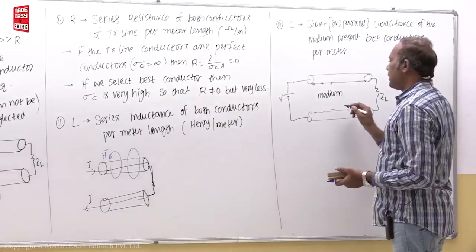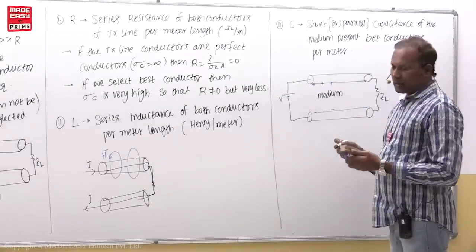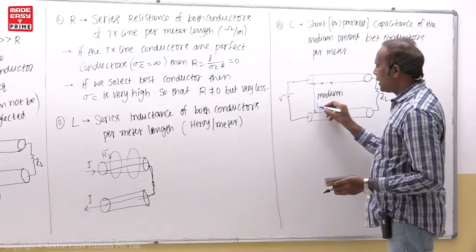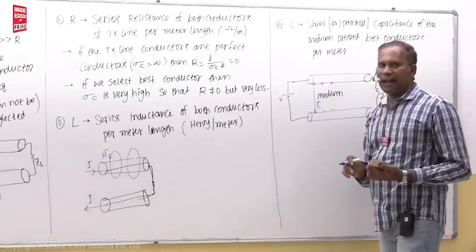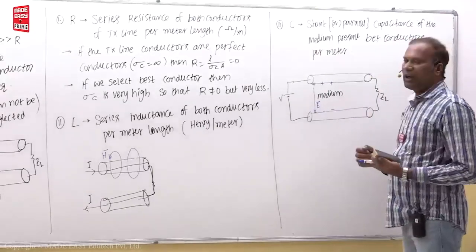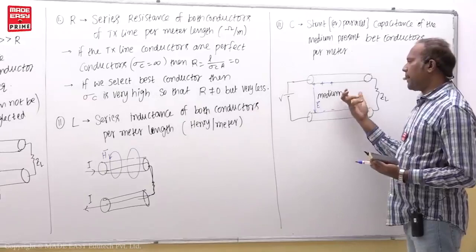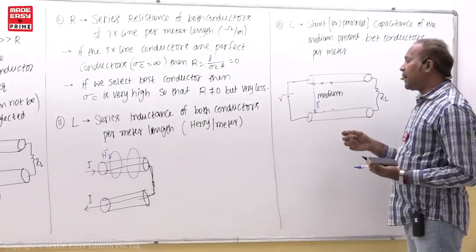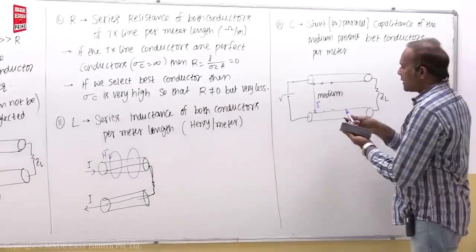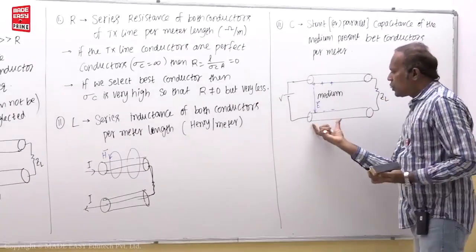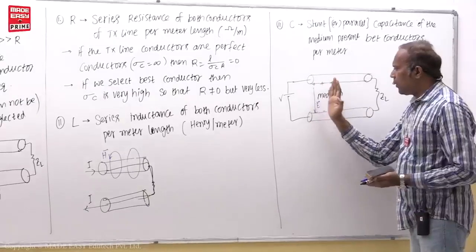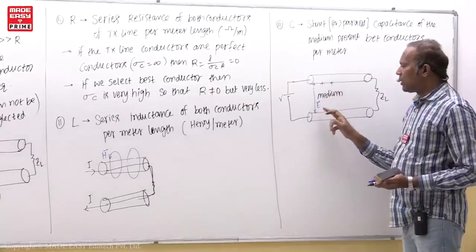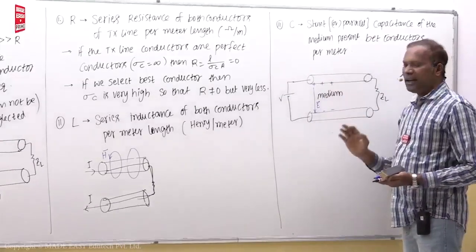Now that medium has an epsilon parameter. Electric field goes from positive to negative. I told you if electric field is there, that is nothing but voltage, half C V square, and the capacitance parameter comes. That capacitance is calculated for the medium present between the conductors for each meter length, because at every location the medium is present, positive and negative charges come, and an electric field exists.